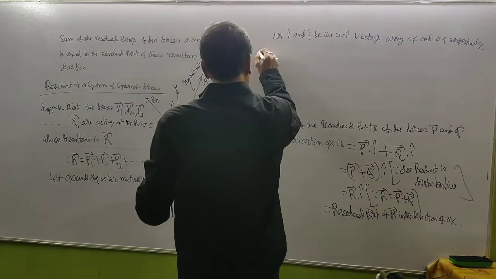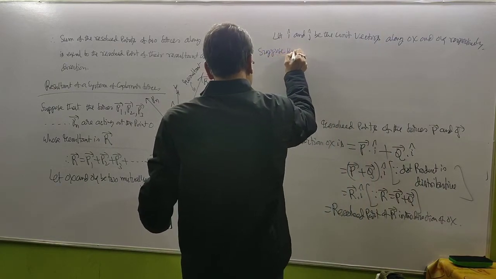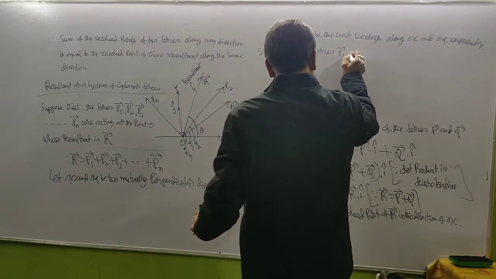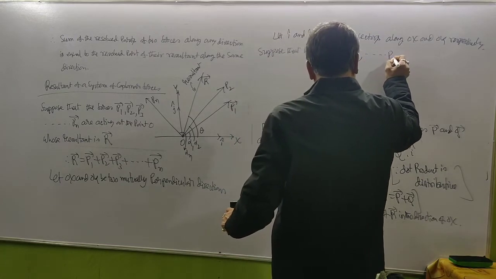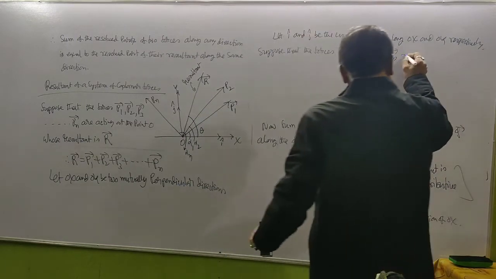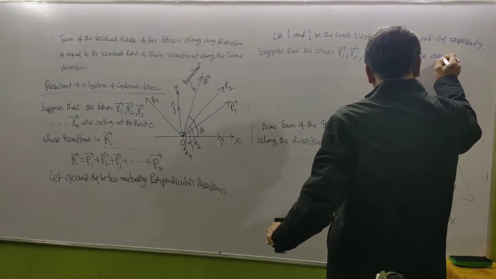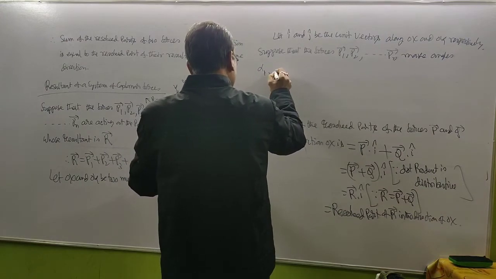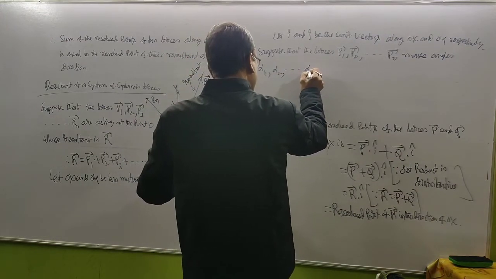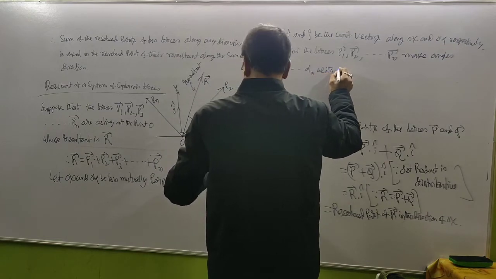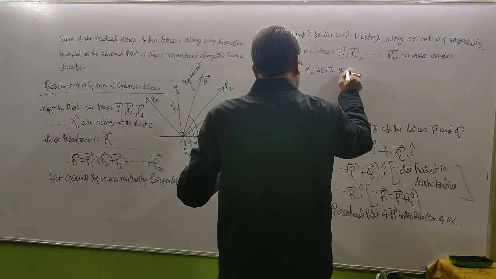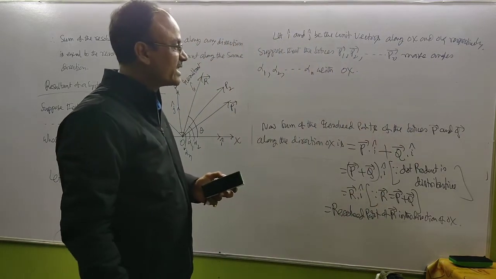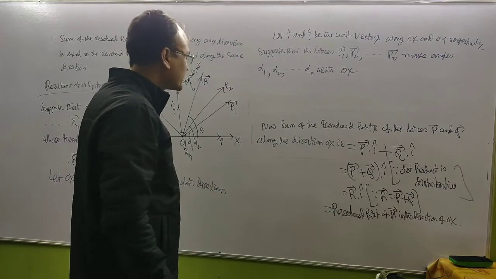Suppose that the forces P1, P2 up to Pn make angles alpha 1, alpha 2, alpha n with OX.